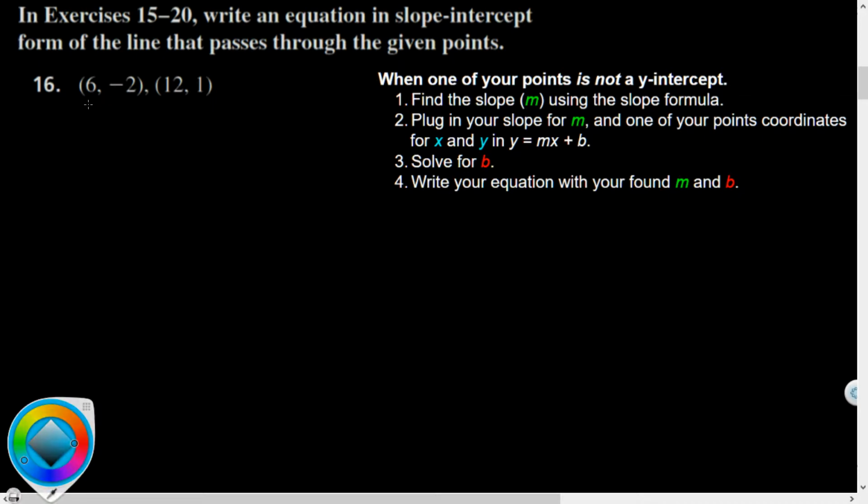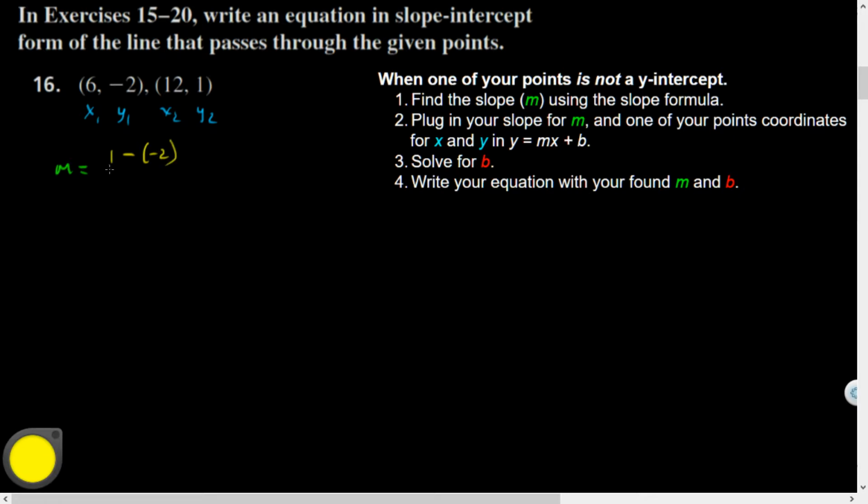Find the slope as you normally would. x1, y1, x2, y2. So let's find our slope. m equals y2 minus y1 over x2 minus x1. It's all right. We can make mistakes and learn from our mistakes together.